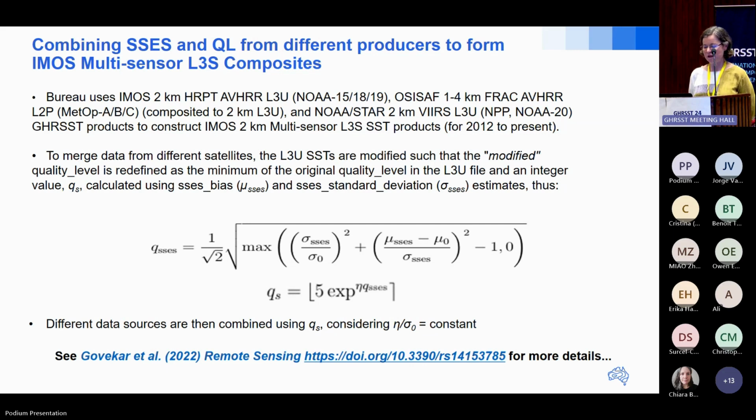So we use a number of different satellite SST products, level 2 and level 3, from agencies, not just the Bureau. From OSI SAF, IFREMER provides the FRAC AVHRR L2P data, and we composite that to 2-kilometre L3U files, and we get from NOAA NESDIS STAR the VIIRS L3U products from NPP and NOAA 20 satellites, and hopefully soon from NOAA 21.